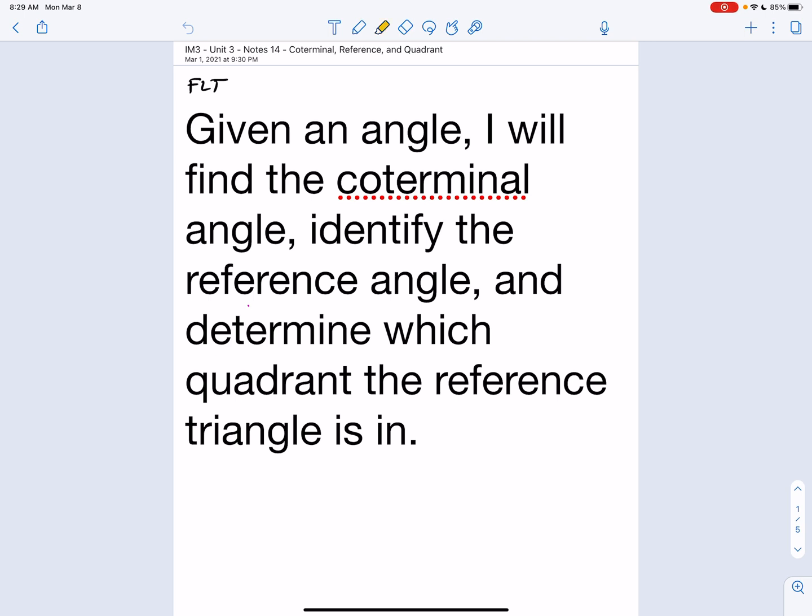So there are three things that you want to handle here. We're going to find the coterminal angle. We're going to identify the reference angle. And then we're going to determine in which quadrant this triangle is. So three things all connected together.